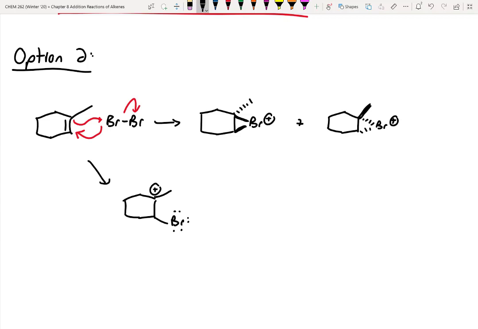So instead of this happening all at once, this will attack immediately back into that carbocation because it's so close and so big and so electron rich, it just kind of falls over into that carbocation and doesn't allow it to be formed. Does that make sense? So really, this is one way of viewing it, is this is more of a transition state where we're forming this three-membered ring bridge. That bromine's essentially falling into the carbocation.